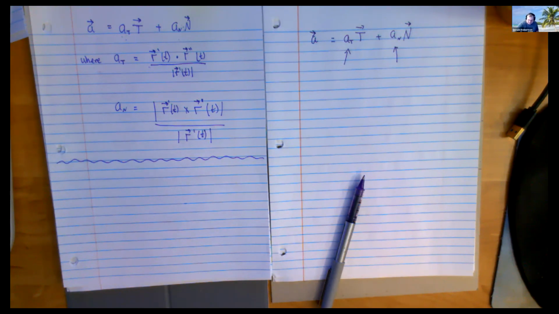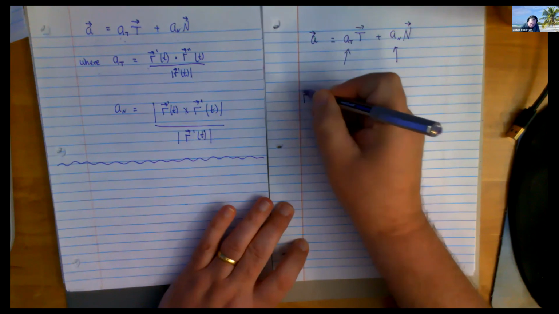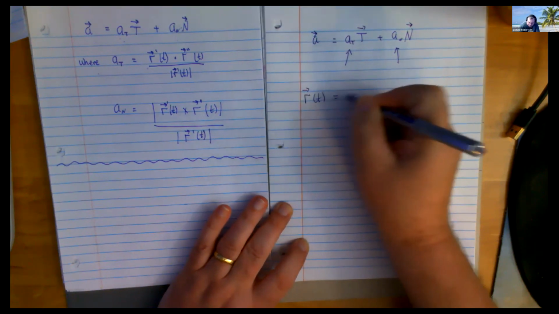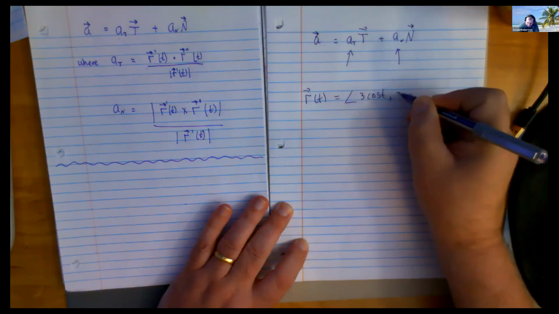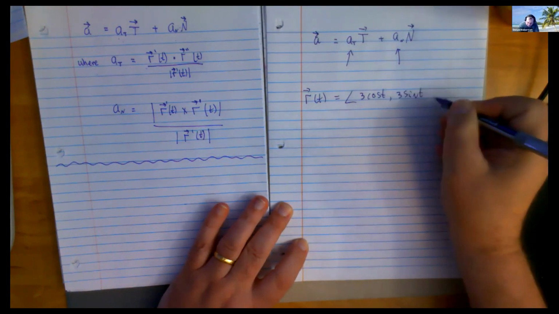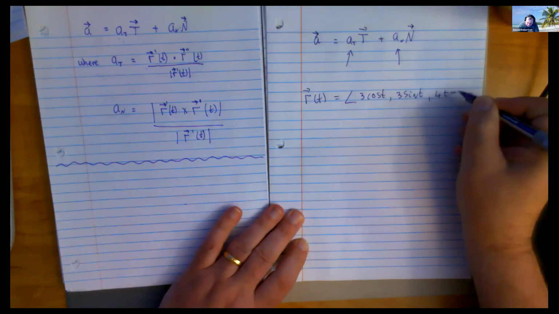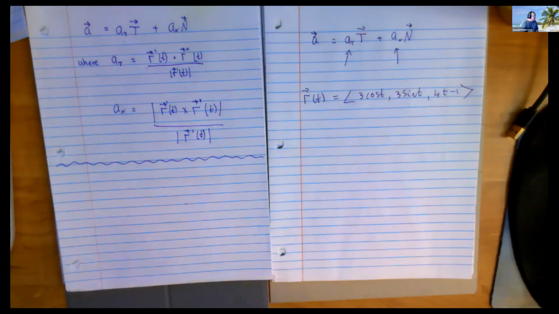Right. So here is my space curve: 3 cosine t, 3 sine t, 4t minus 1. Usual helix, you'd expect that from me the first time.